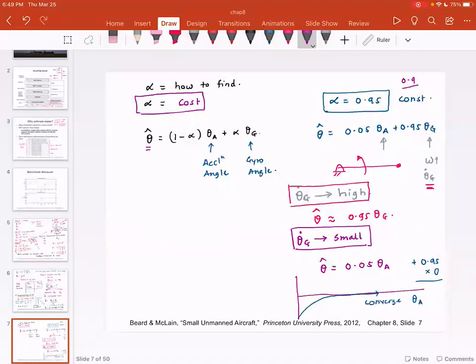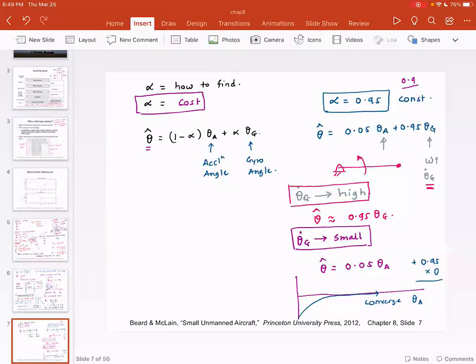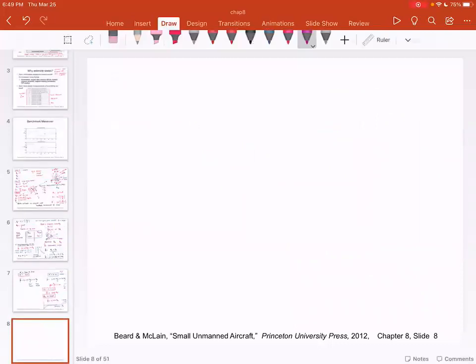So slowly it would go towards the value indicated by the accelerometer. But here we can do something smart. Once again, let's go back to the same equation. My equation is this: estimated theta is equal to 1 minus alpha, theta measured by accelerometer, plus the mixing coefficient, theta measured by gyro.